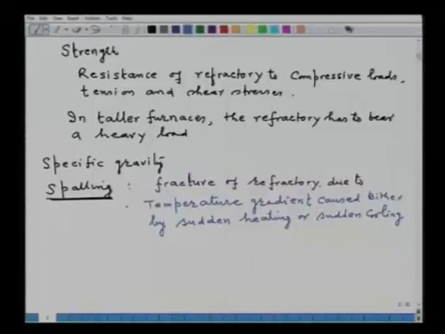Another reason is the compression in a structure due to expansion.